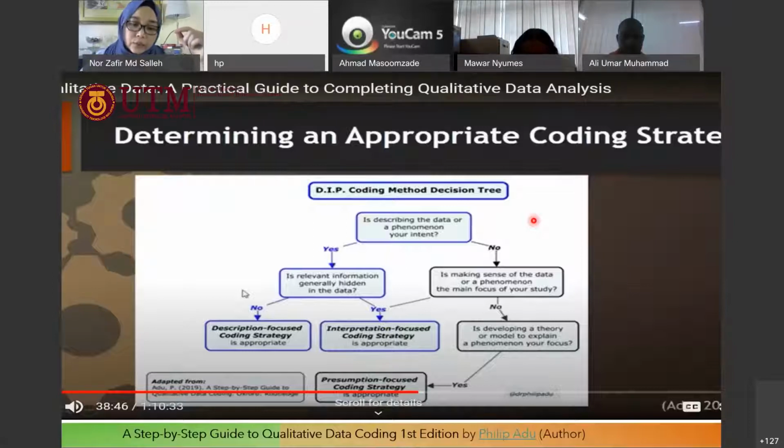So mine could be the interpretation-focused coding strategy, because: is describing the data or a phenomenon your intent? Yes, for my research. Is relevant information generally hidden in the data? Yes, in my research. So mine could be the interpretation-focused coding strategy.